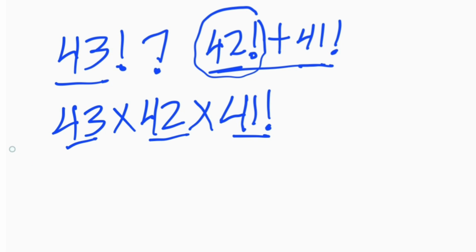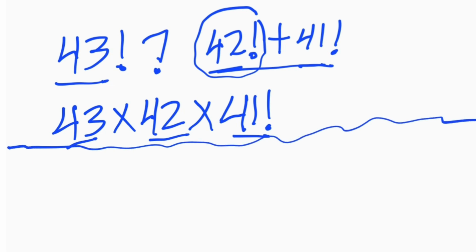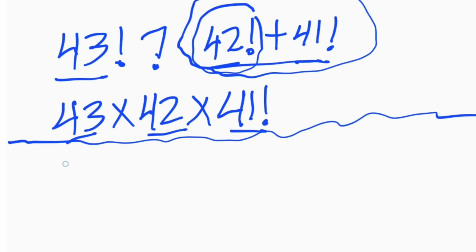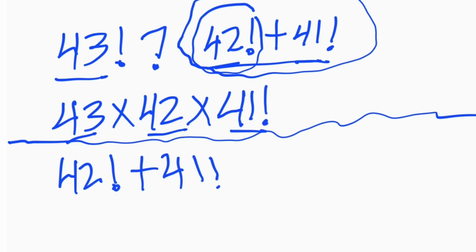So we have expanded 43 factorial, and we can move to the second expression, which is 42 factorial plus 41 factorial. This is where things get trickier. You have to focus on this part of the video, so pay attention. Now we are going to expand 42 factorial plus 41 factorial.